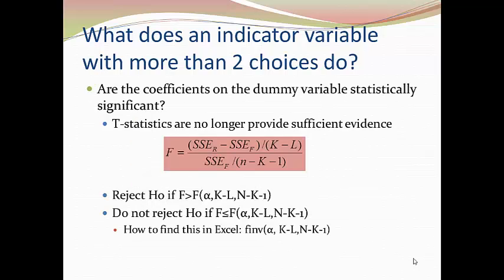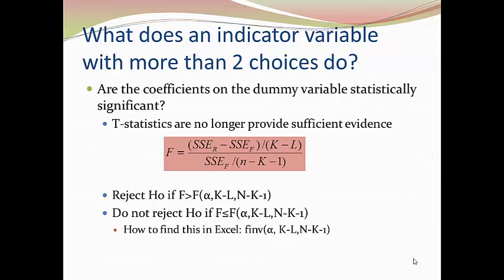So now we have more than 2 choices. So we can't just look at our t-statistic anymore to determine whether or not our dummy variable is statistically significant. Instead, we'll have to do a partial F test. So you will classify your full model, the one with subscript F, as the model with all of the indicator variables.